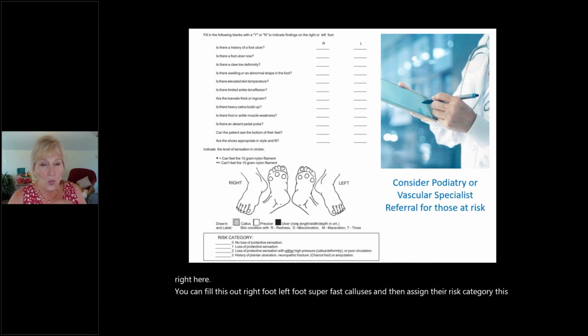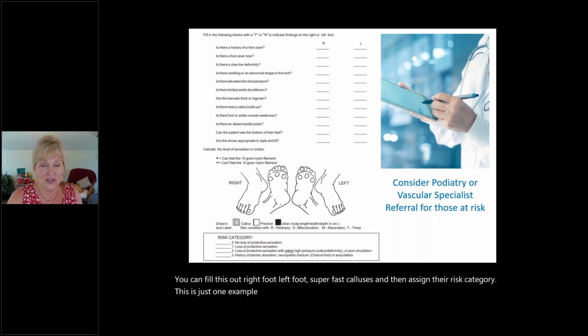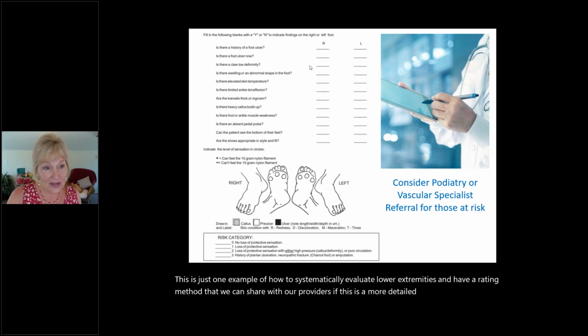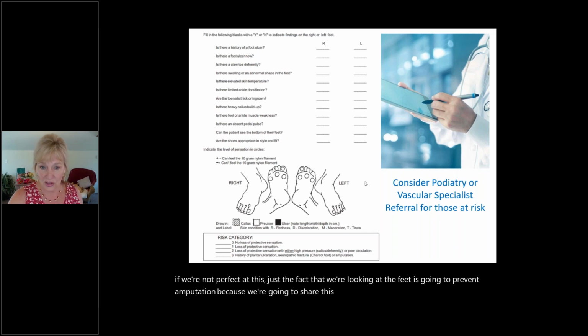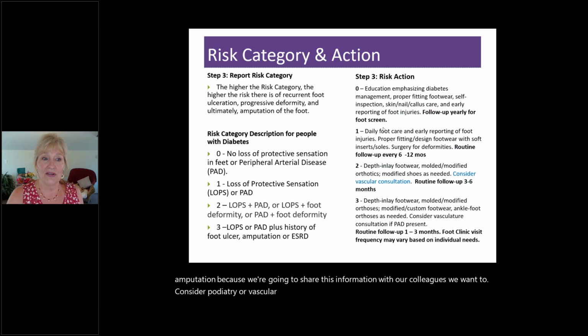This is just one example of how to systematically evaluate lower extremities and have a rating method that we can share with our providers. This is a more detailed evaluation, but guys, even if we're not perfect at this, just the fact that we're looking at the feet is going to prevent amputation because we're going to share this information with our colleagues. We want to consider podiatry or vascular specialist referral.